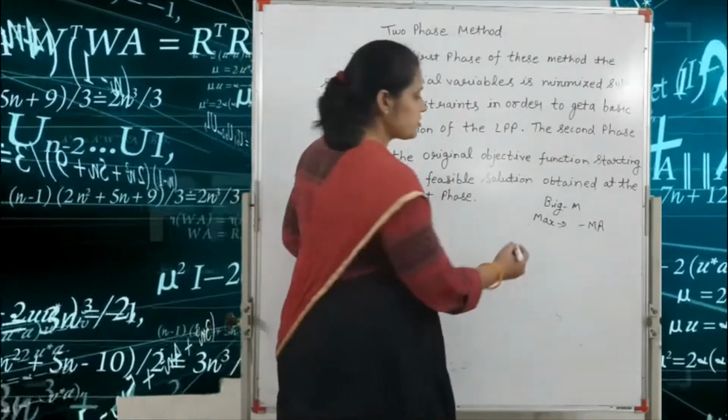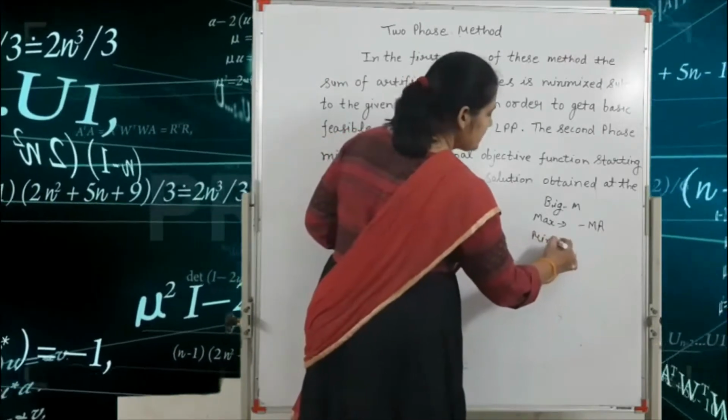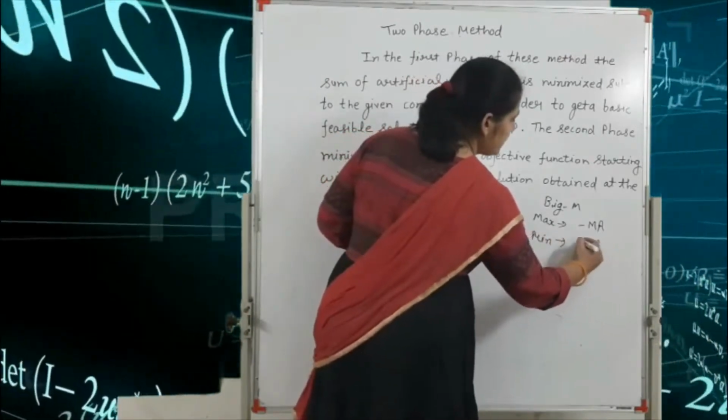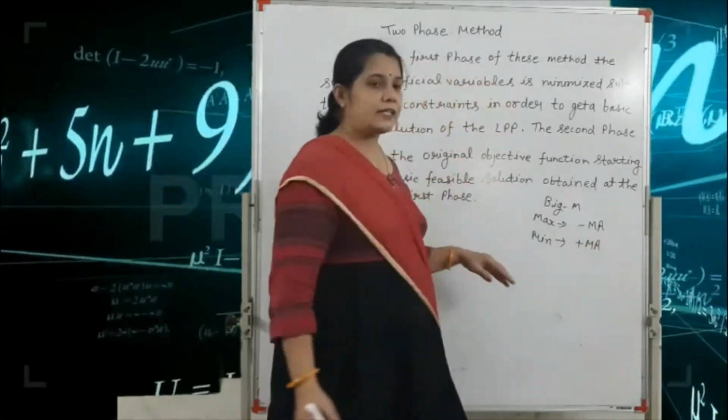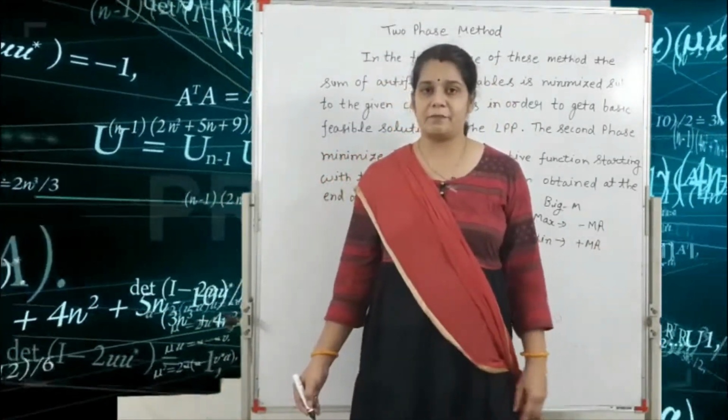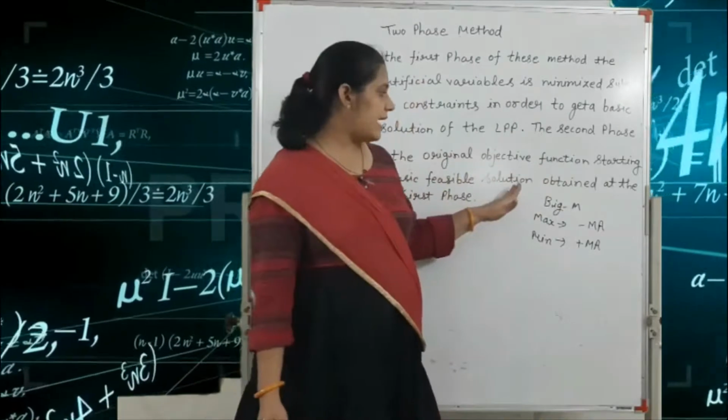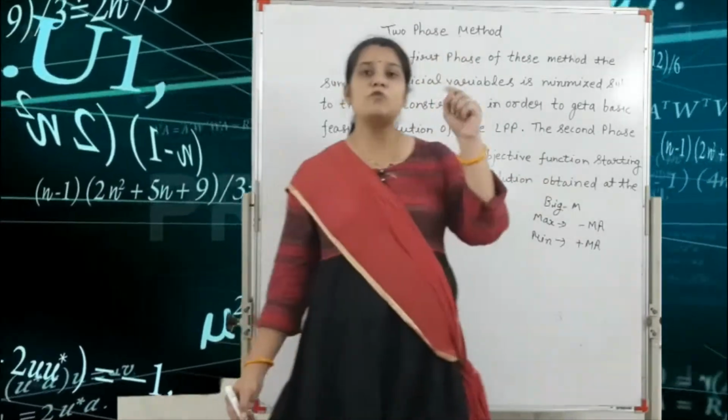But if a question is given in the minimization format, we write the coefficient of the artificial variable as plus M. Okay, so just like this, we solve the two-phase method.